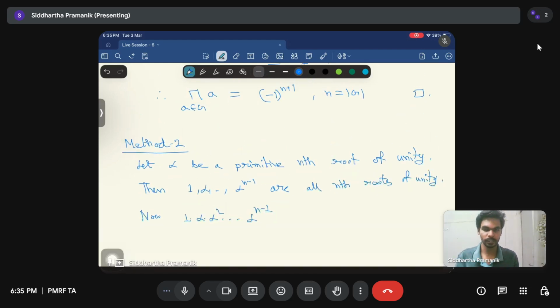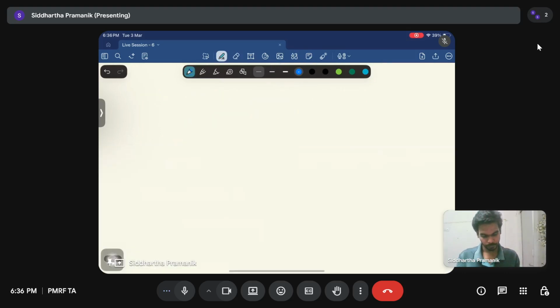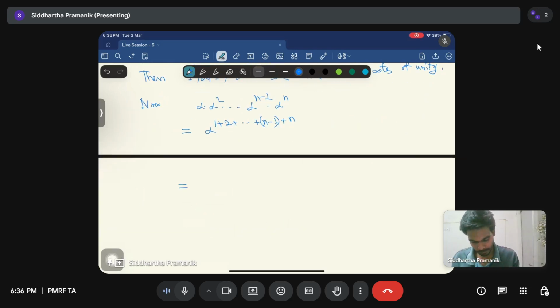We want to evaluate this product, but this is the same as alpha power 1 plus 2 plus ... plus n minus 1, or instead of 1 we can write this as alpha power n, then this will be plus n, and this is the same as alpha power n times n plus 1 by 2, just the usual formula. Now how to evaluate this? So we need to split it into two cases.